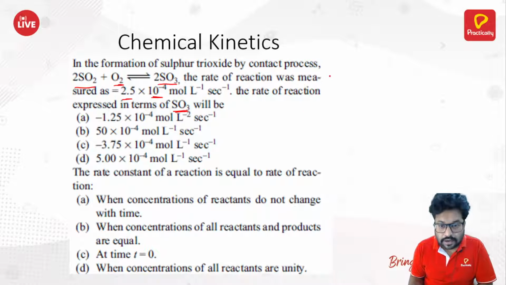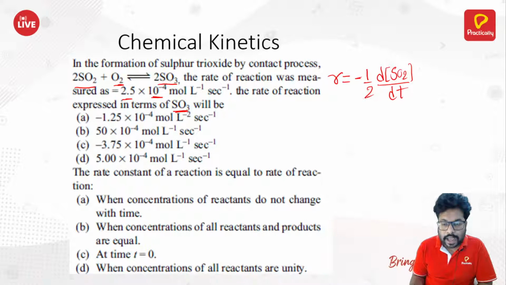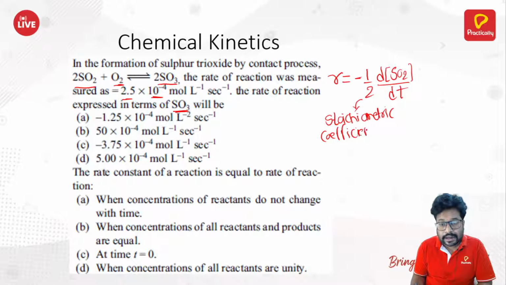Again, the rate of your reaction R is equal to minus 1 by 2 change in concentration of SO2 divided by dt. Why have I put 2 here? This 2 is the stoichiometric coefficient, which I'm really sure you must have studied in your 11th and 12th. So you already know all of this, right?